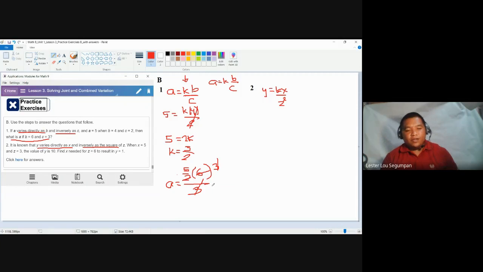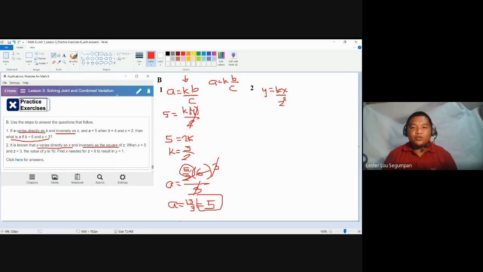Or if you don't want that, let's do it step by step. So 5 times 3 is 15 over 3, which is equal to 5. So A is 5 when B is 6 and C is 3. Again, you could just do 6 divided by 2 is 3, and cancel that as well. Your answer is 5. That's the answer for number 1.